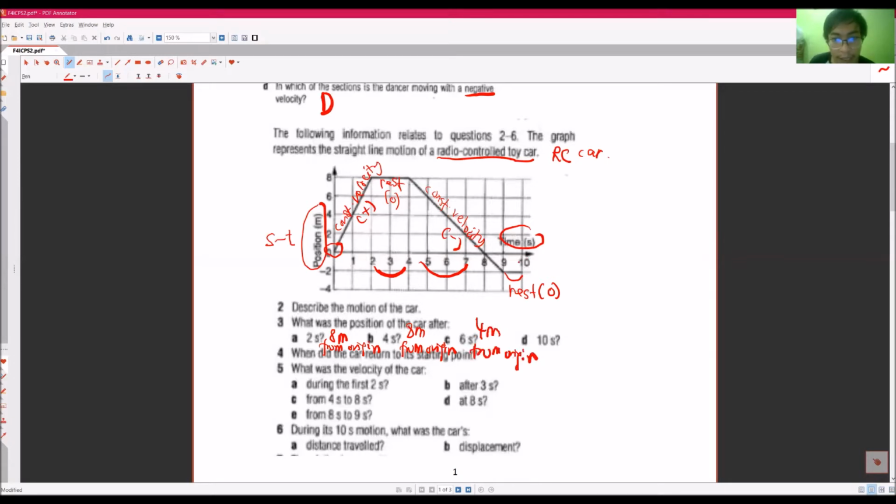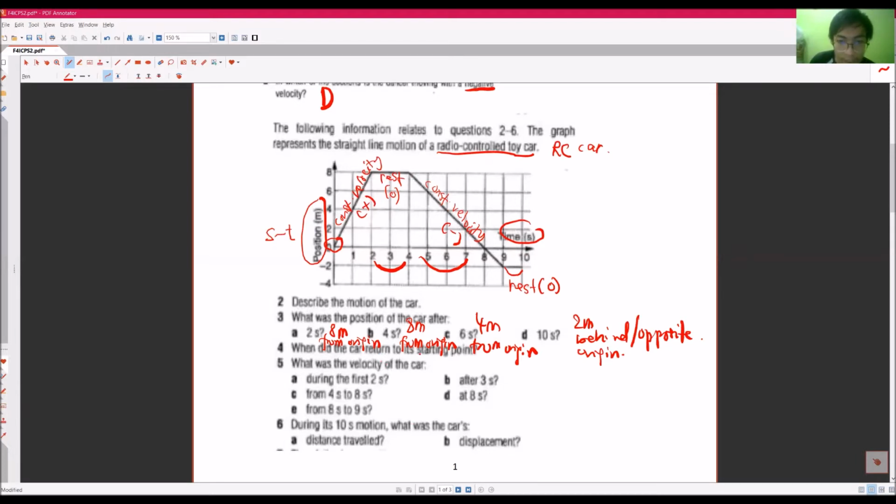And 10 seconds is at 2 meters behind origin or opposite. Okay. When did the car return to its starting point at 8 seconds? So we see that the car passes the origin before it continues its movement towards the opposite direction.